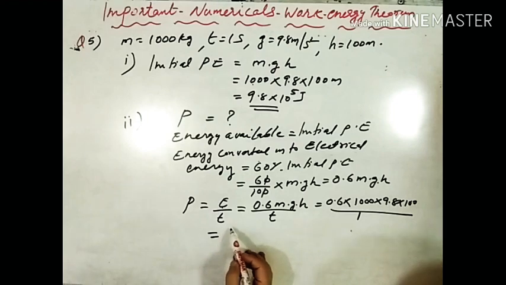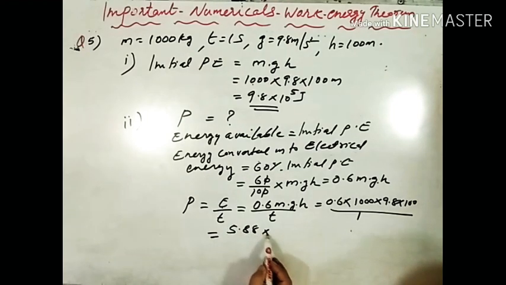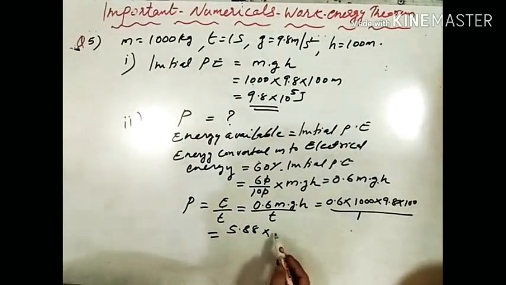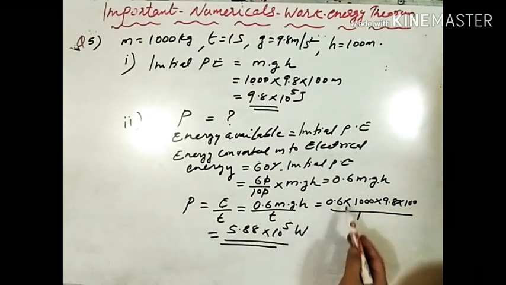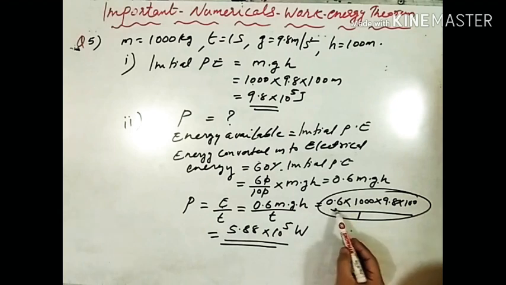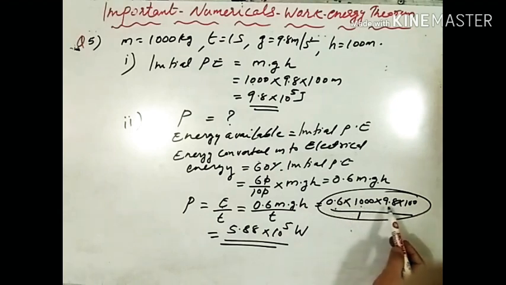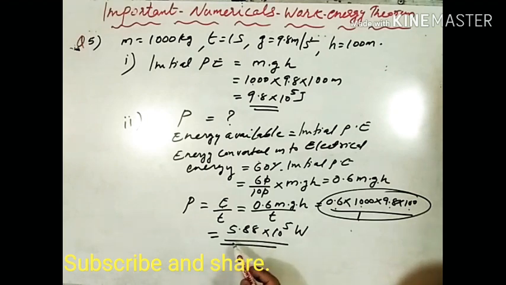We are getting it as 5.88 into 10 to the power 5 watt. So power is expressed in watt. 0.6 into mass 1000 into 9.8 g into height divided by 1. So we are getting power as 5.88 into 10 to the power 5 watt.